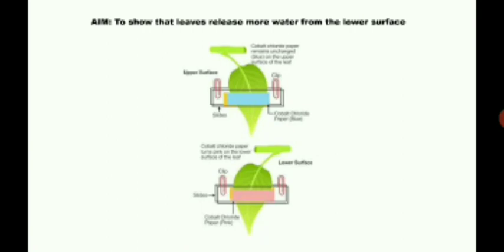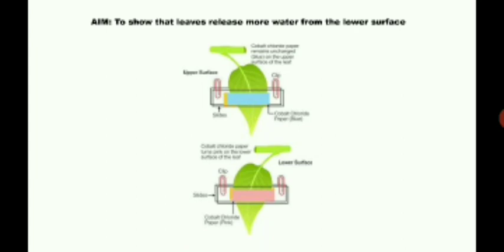We keep the glass slides as such for a few hours. After a few hours, what are we going to observe? We will observe that the cobalt chloride paper attached on the upper surface remains unchanged, or turns pink very slowly, whereas the cobalt chloride paper attached on the lower surface turns pink faster.